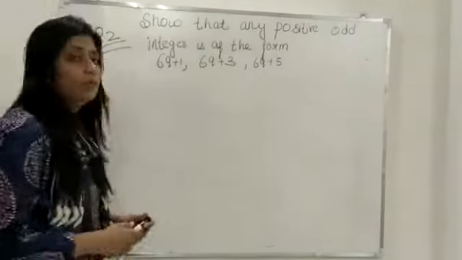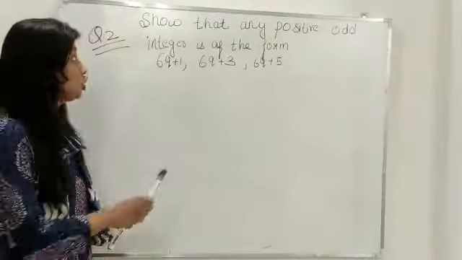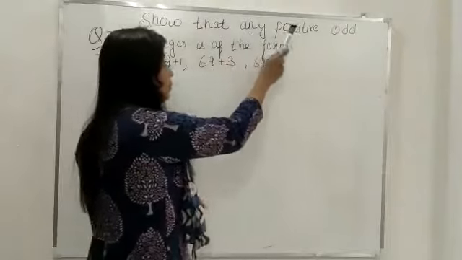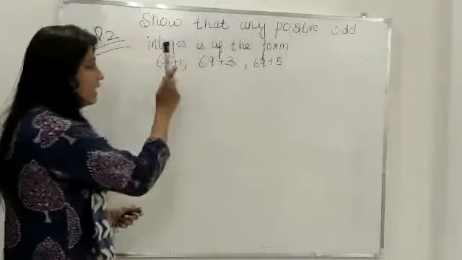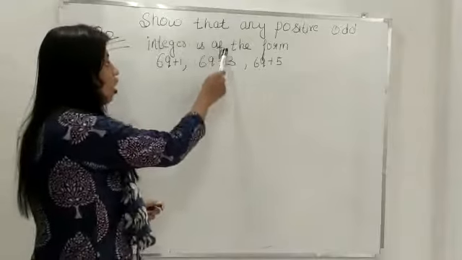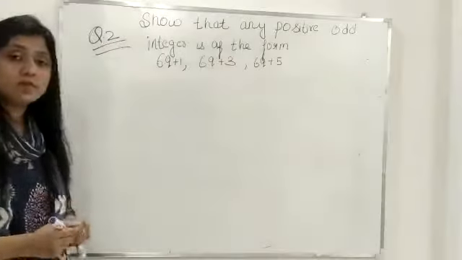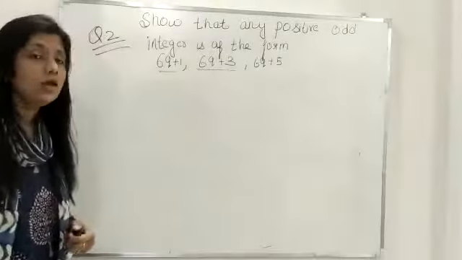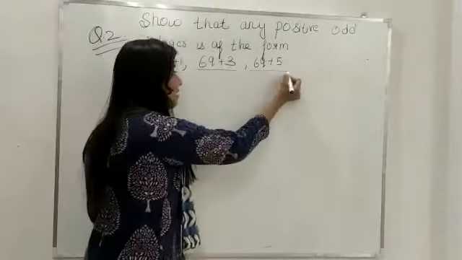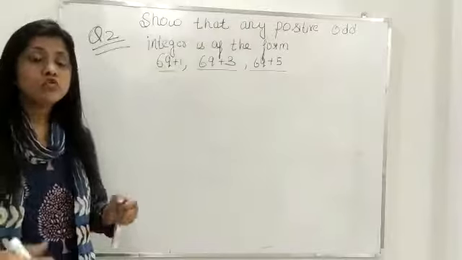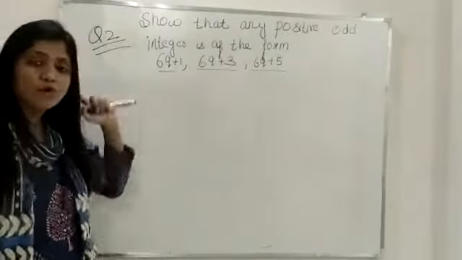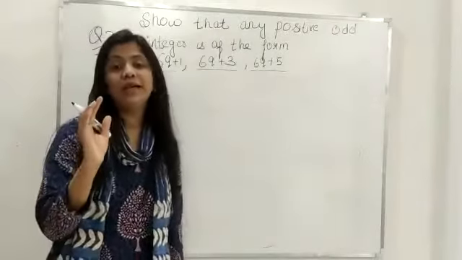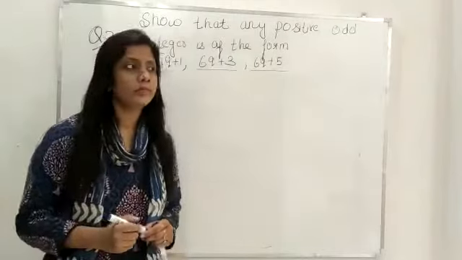So now the next question is, show that any positive odd integer is of the form 6q plus 1, 6q plus 3, or 6q plus 5. So here also, to prove this, you will use Euclid's division algorithm.